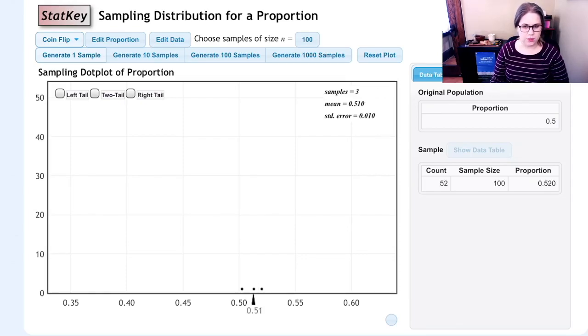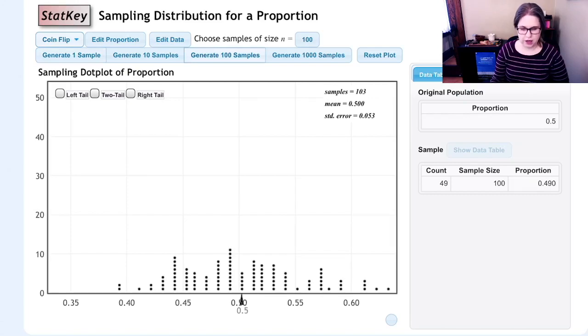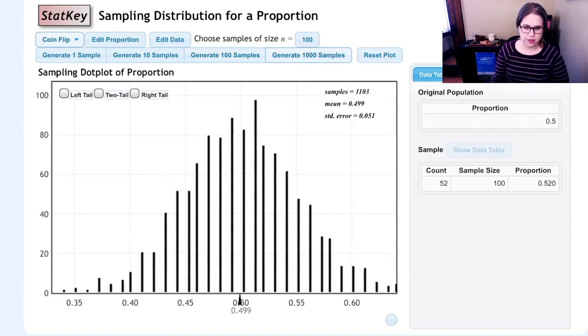If I click generate one sample again, 52 for 52%. And so if I click the generate 100 samples button, that's going to take 100 samples of size 100. Or I could be really lazy and click the generate 1000 samples button. So this distribution is a sampling distribution for the proportion of tails.